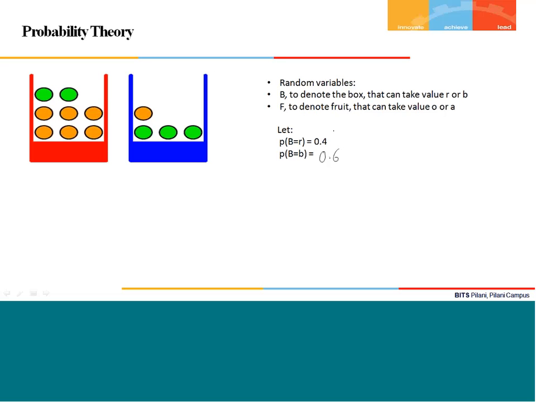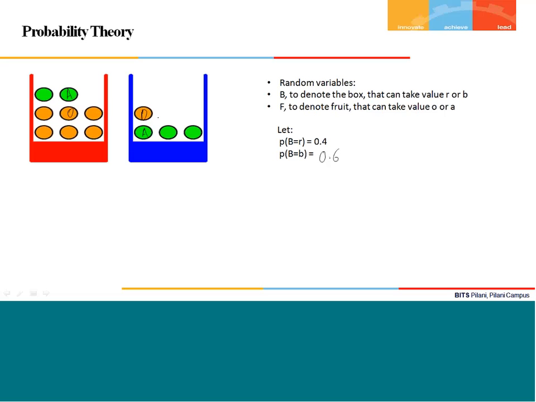There are a number of points I want to discuss. Now you can question it. Once I choose the red box, what is the probability that I will pick an apple? This is the apple, the green one, and this is the orange. So tell me, if I choose the red box, what is the probability that I will pick the apple?